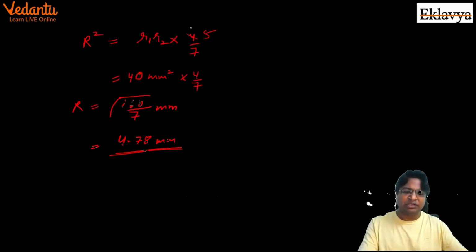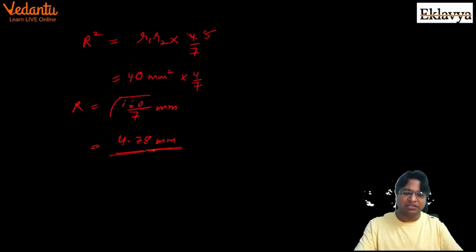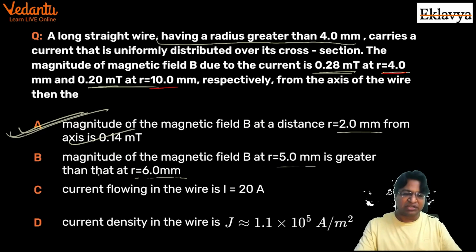So I will do 0.20 millitesla multiplied by 10 and then divided by 6. So 0.2 into 10 divided by 6 is 0.33 millitesla. So we can see that B at 5 is more than B at 6.